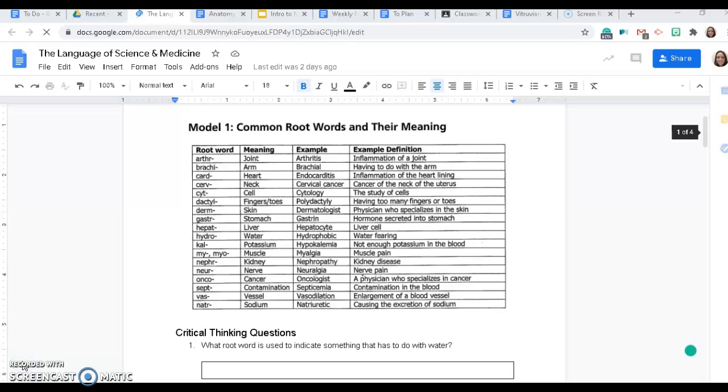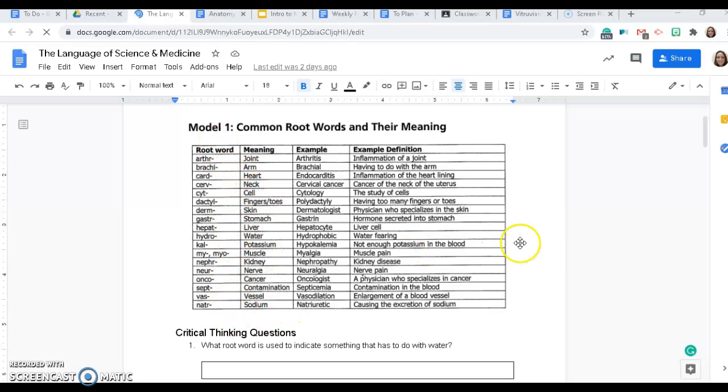So your activity for today is to look at some root words and some examples of medical terms and come up with definitions for different types of terms. You're going to have to look at these charts. Now, I by no means expect you to memorize the meanings of all these root words.